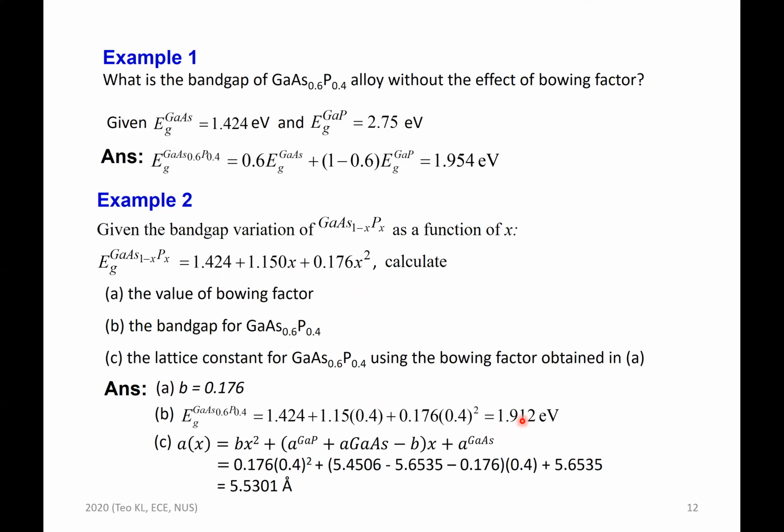That is your band gap due to disordering, and it's lower than the band gap without the bowing effect or without disordering. Now, what is the lattice constant? Using the bowing factor that I obtained in A, the bowing factor is 0.176.